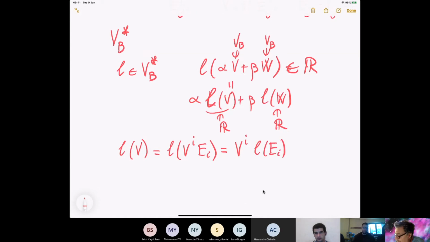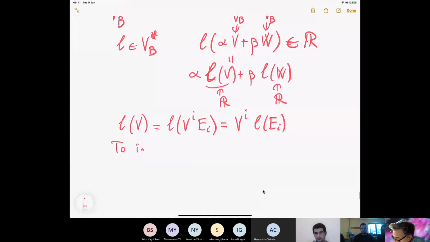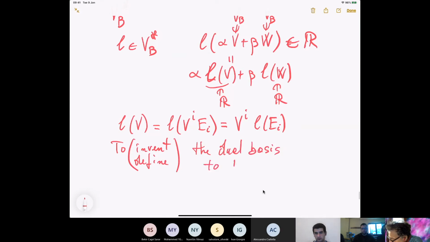And this formula suggested us to invent the dual basis to e_i.